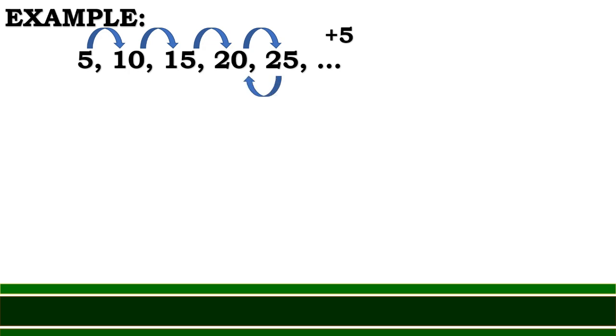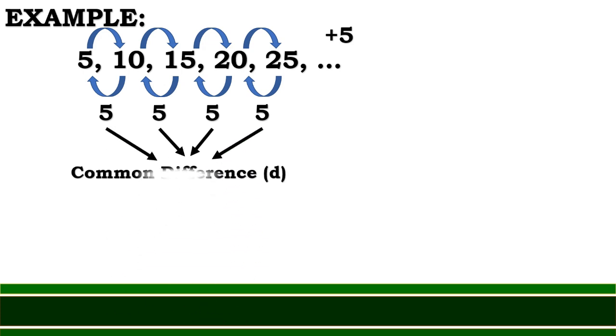We have here 25 minus 20, 20 minus 15, 15 minus 10, and 10 minus 5. So, once we subtract the preceding term to its previous term, the difference is 5. As you can see, kailangan yung common difference natin ay parehas dun sa naging pattern natin from this sequence. And 5 here is called its common difference, or D.